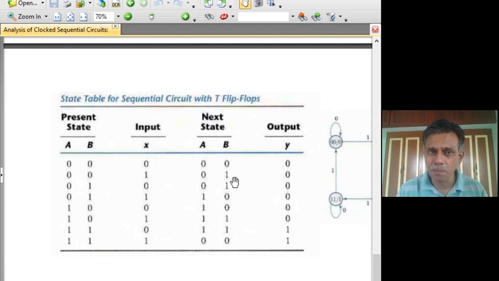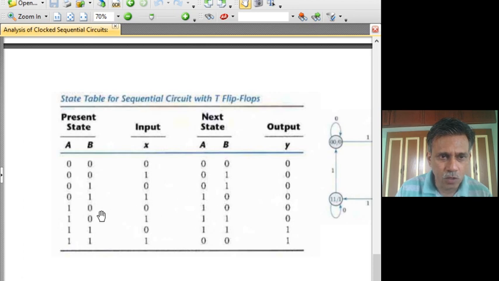If you have written TB separately, you don't need to do that. So X is 0, B is 0, so B plus is copied. X is 1, so you flip B and put 1. X is 0, so this 1 goes straight here, and X is 1 here, so this 1 is flipped and you get a 0.